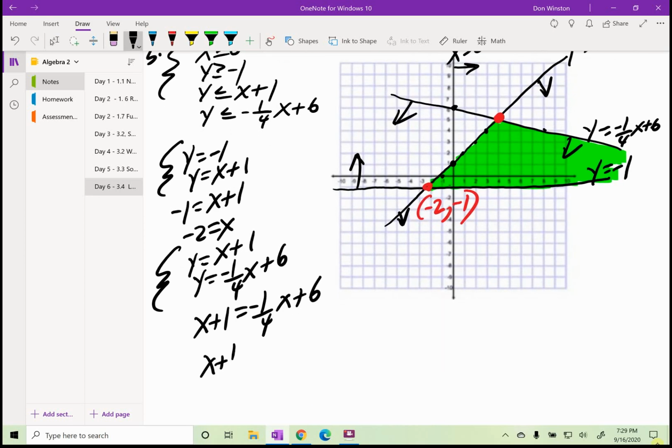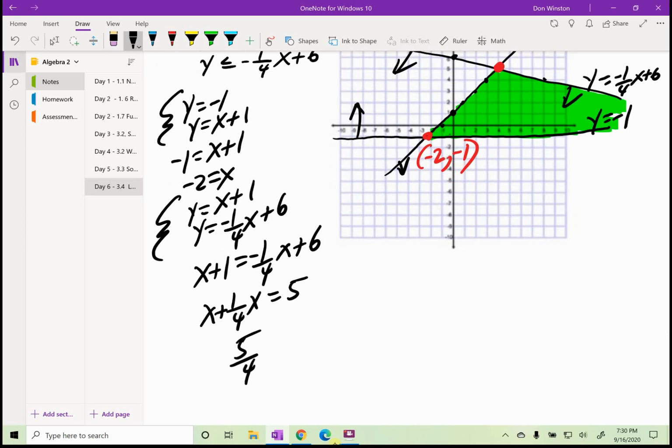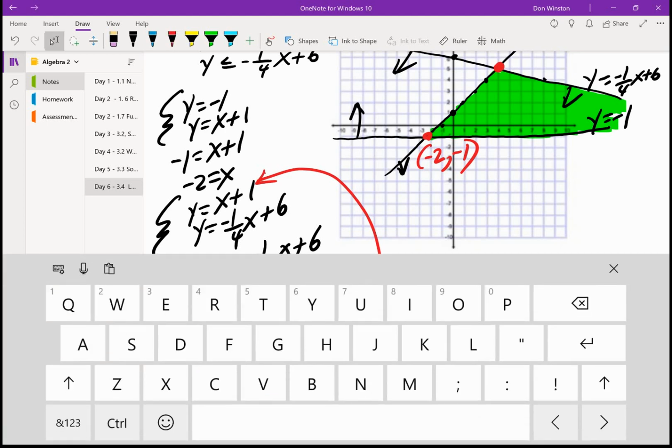So I have x plus 1/4 x equals 5, so I get 5/4 x equals 5. Now I multiply both sides by 4/5, the reciprocal. That cancels out, so x is equal to 4. If I substitute that into the equation, I get y is 5. So this is the point (4, 5).